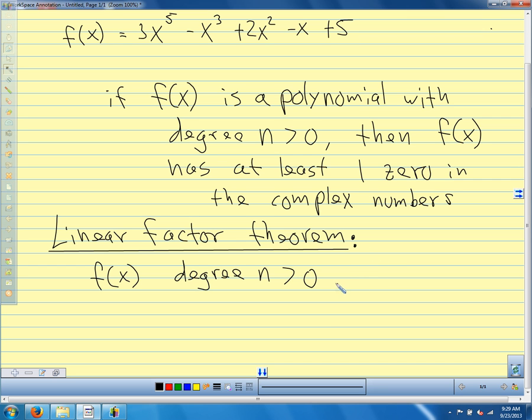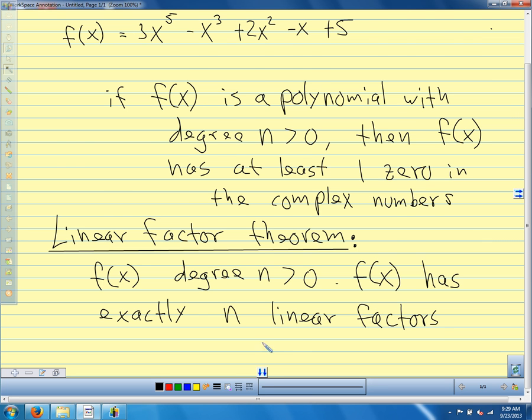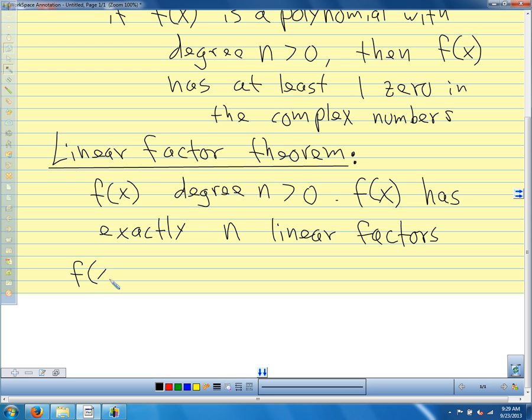What the linear factor theorem tells us is that f of x has exactly n linear factors, and we can write f of x out as, we just write out all of our factors. a sub n, because we can have some number out in front, so a sub n is just some number, times x minus our first root, times x minus our second root, times dot dot dot, times x minus our last root.